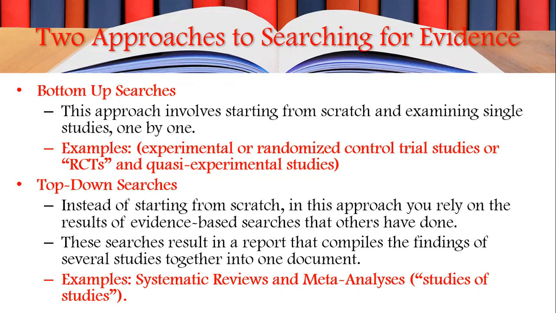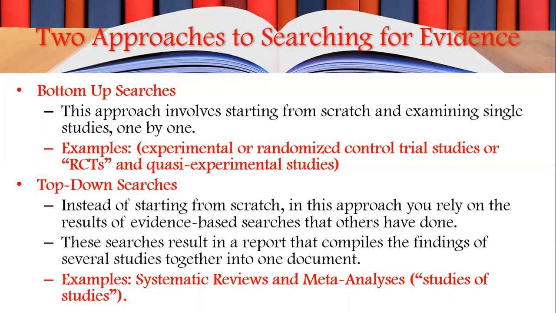So you're not necessarily relying on anyone else, because in top-down searches, they can be biased, right? How does one go about deciding which studies they're going to include in their systematic review or meta-analysis and which ones they don't? They can potentially leave out certain studies that you would deem as important, right? And so that's the advantage to bottom-up searches, is that you handpick the studies yourself, right?